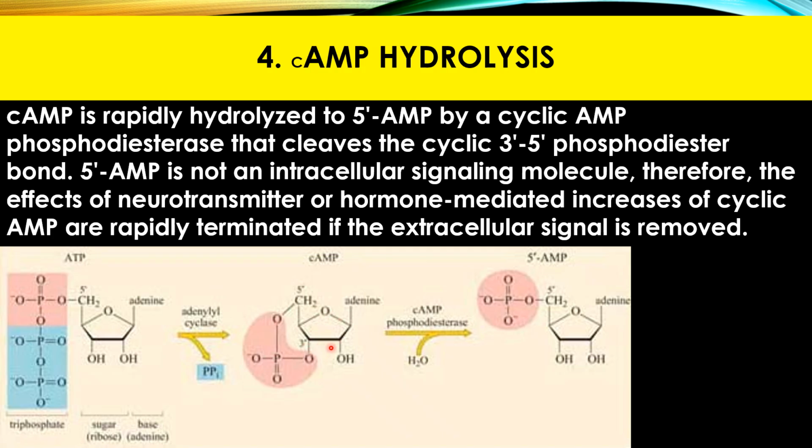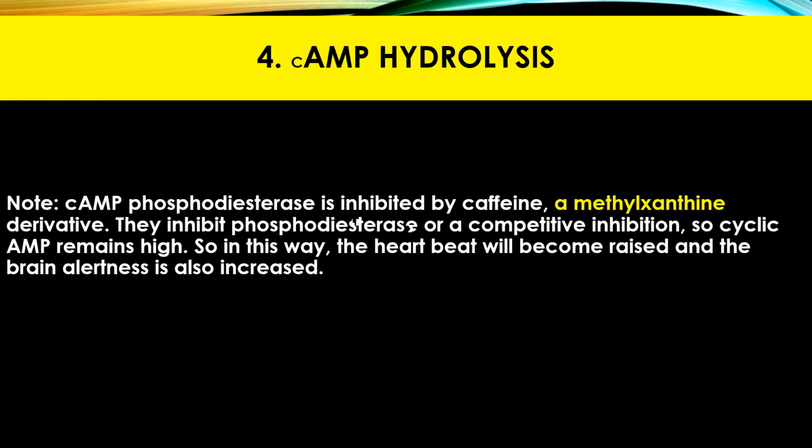When the signal has been removed, or it is also time bound naturally, cAMP phosphodiesterase breaks the bond, and it will convert into 5' AMP. Now it is no longer an intracellular signal.